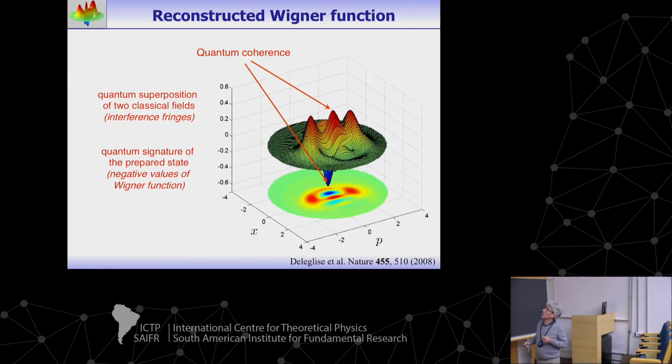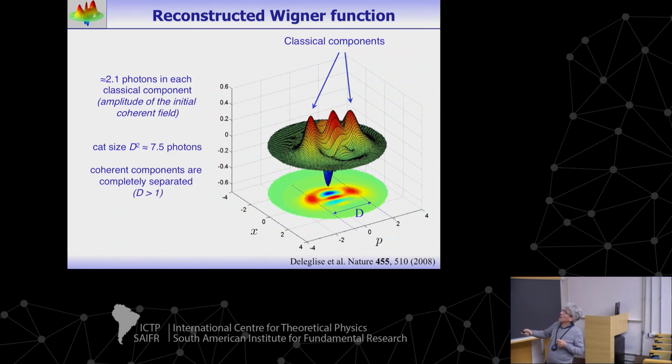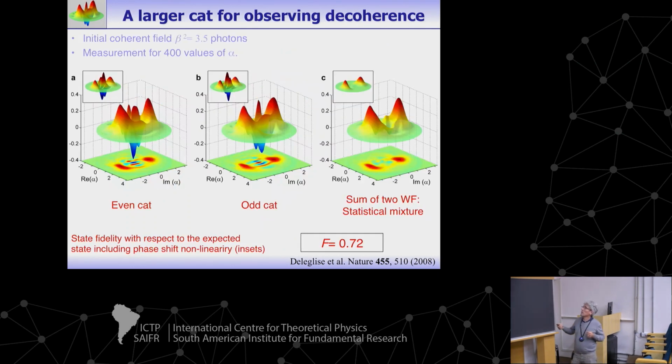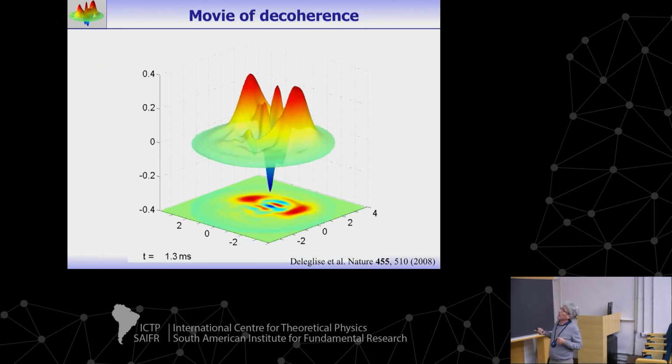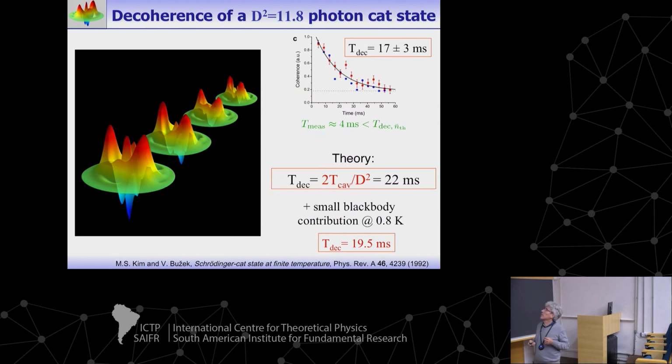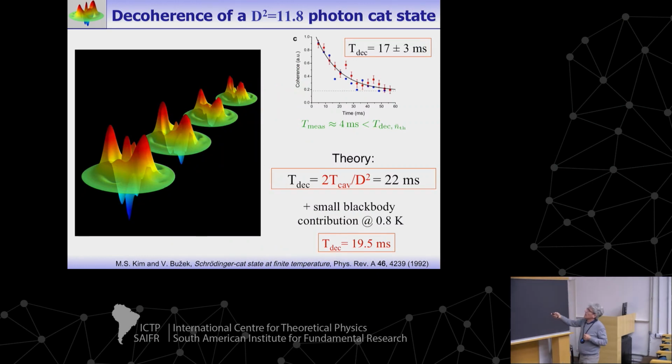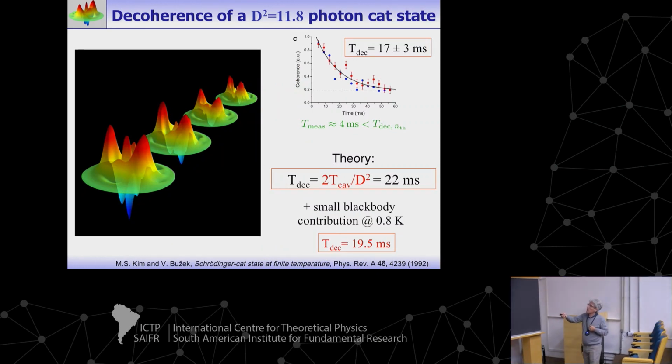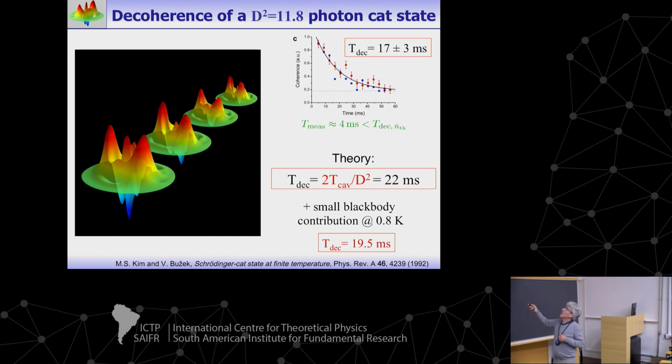And I should have commented this distance: d squared is about 7.5 photons, and for the decoherence experiment, the field injected was slightly larger, about 12 photon distance. So we put the numbers in this formula. We expect a decoherence time of 22 milliseconds, so slightly slower than the measured result.